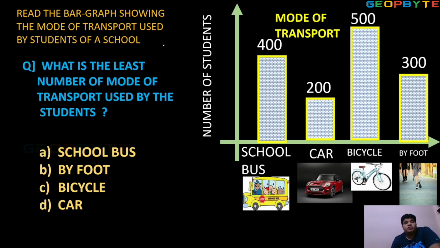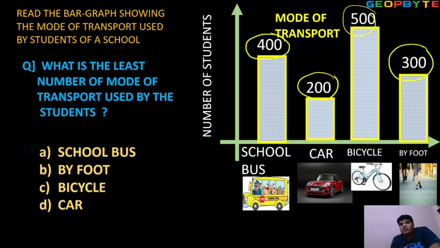Suppose you are going to school. The transportation may be a school bus, your parents' car, your bicycle, or if the school is very near, by foot. School bus: 400 students. Car: 200. Bicycle: 500. By foot: 300 members.